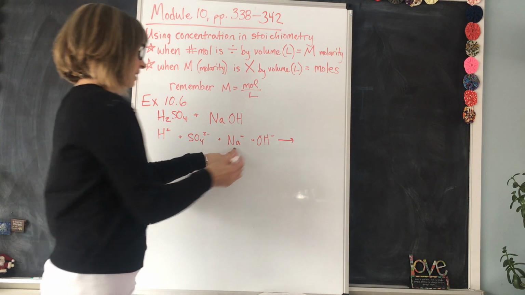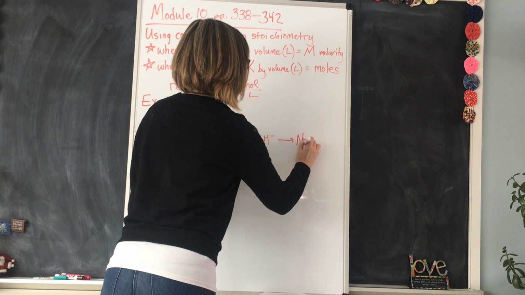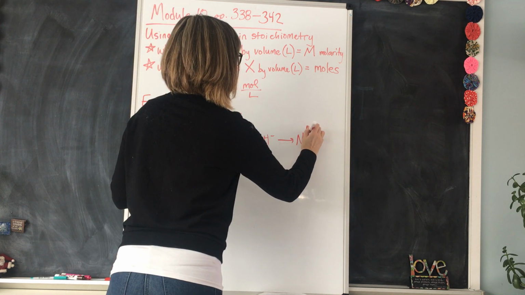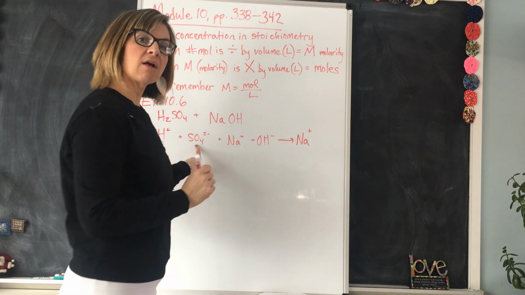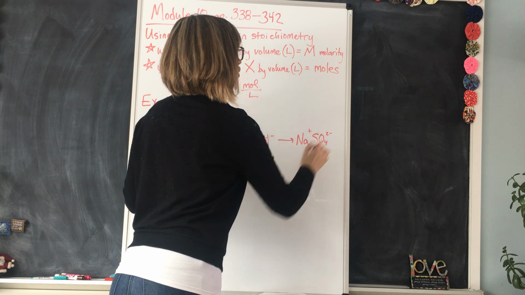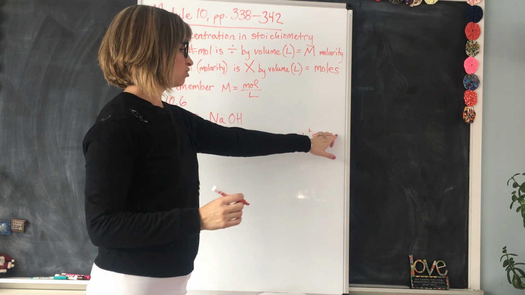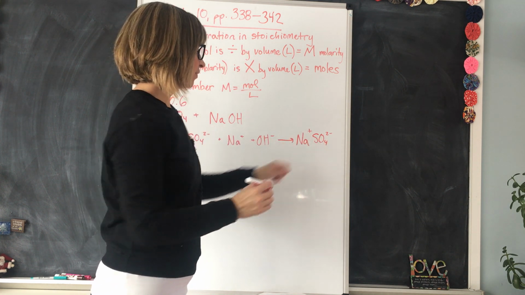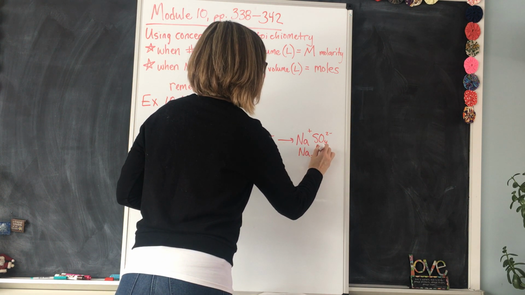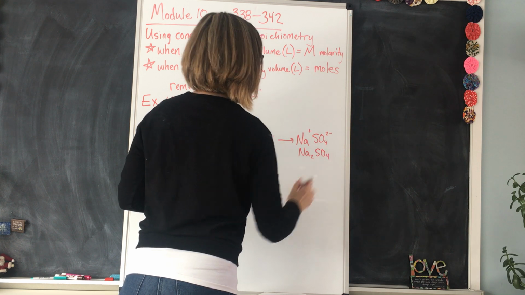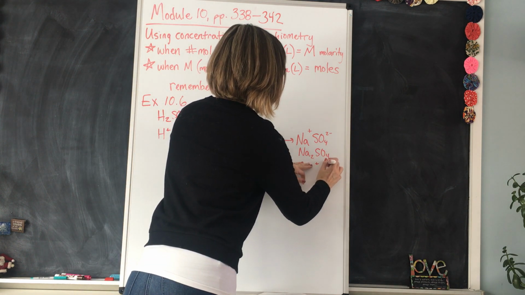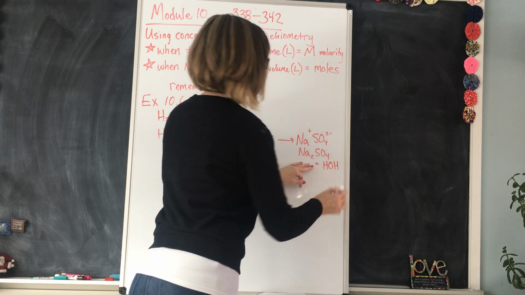The salt we're going to make is Na, which has a 1+ charge, combined with the sulfate, SO4, which has a 2- charge. So we drop the charges, and we flip-flop those numbers, and so that formula is Na2SO4. So that's the salt that's produced, and water, which I'm going to write as HOH.